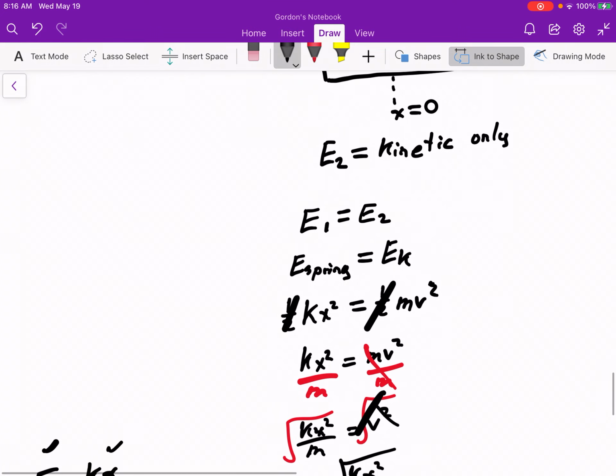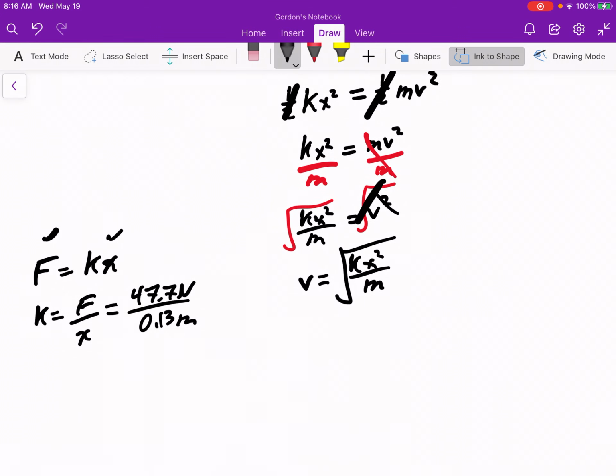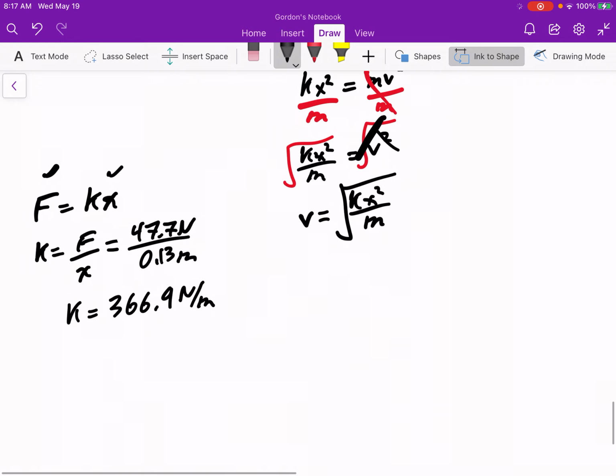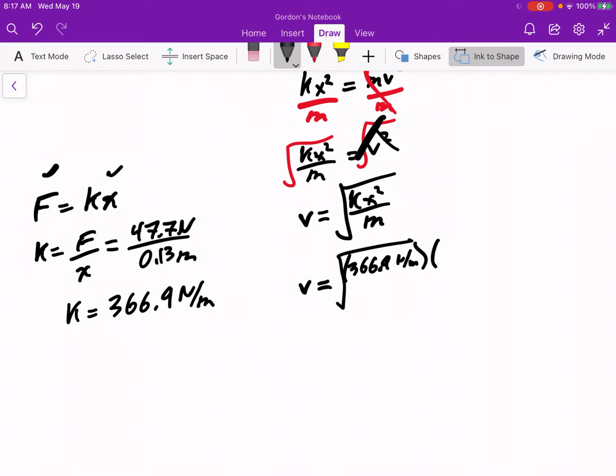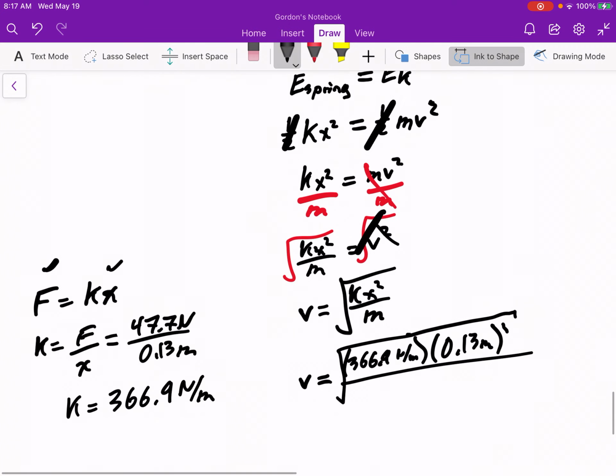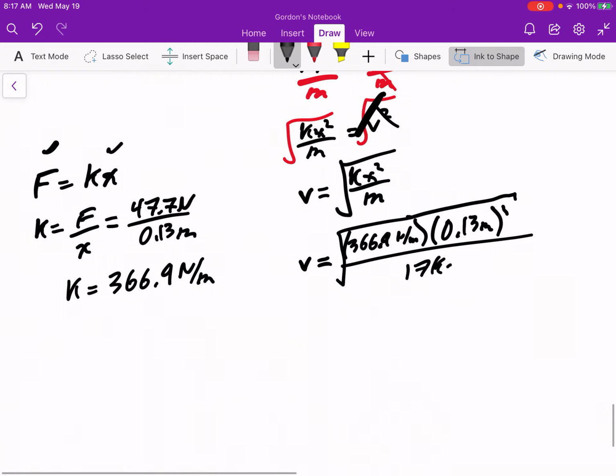And if we divide these out here, we see that k, our stiffness, is 366.9 newtons per meter. And so then we can plug in all of our numbers here. 366.9 newtons per meter multiplied by x, which was 0.13 meters, squared, divided by the mass, which again was, what was the mass? 17 kilograms.